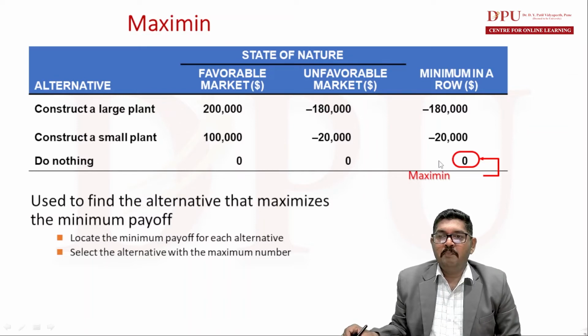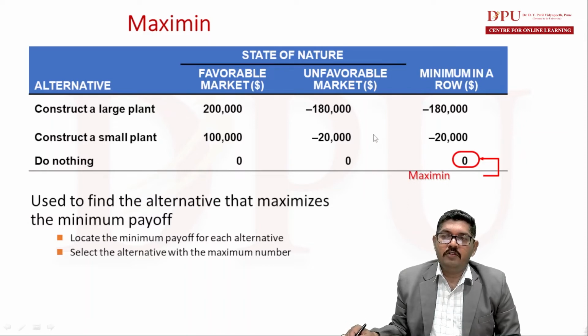And we choose the maximum of these minimum values. As you can see on the right hand side, the minimum values were minus 1 lakh 80,000, minus 20,000 and 0, and we choose the maximum of these three values, which is 0. So this is a pessimistic approach, right?